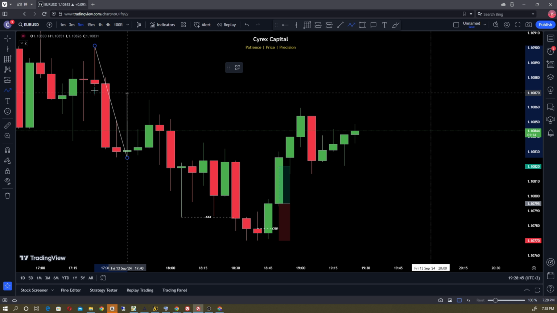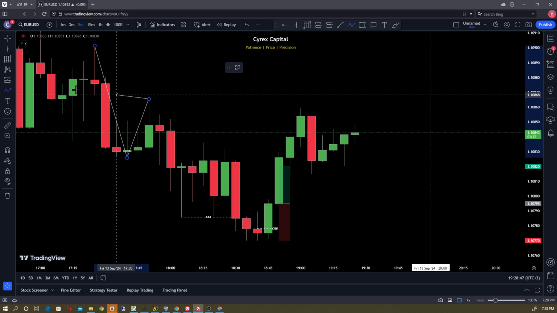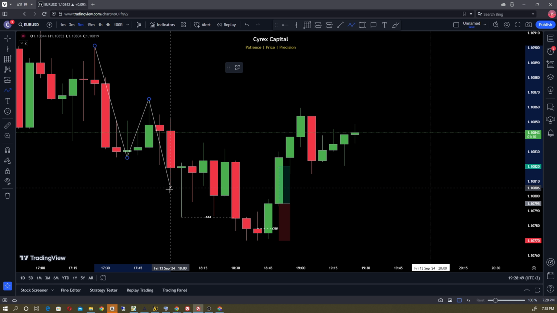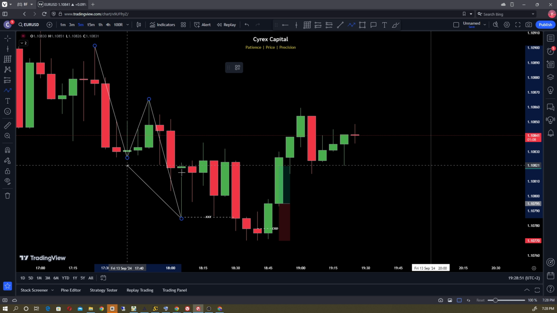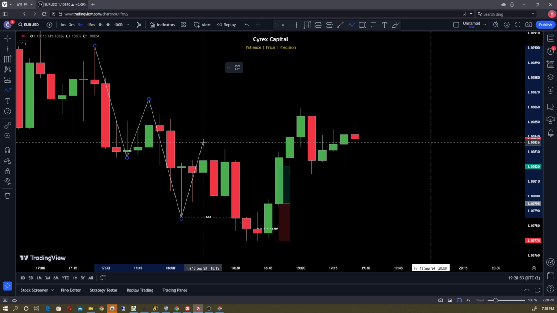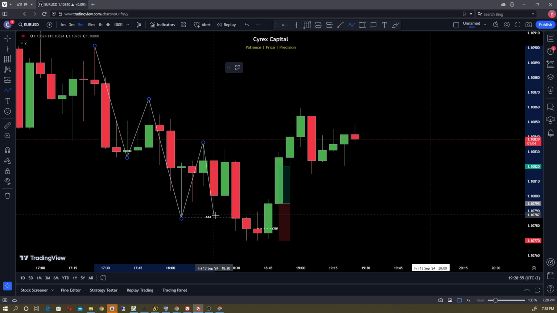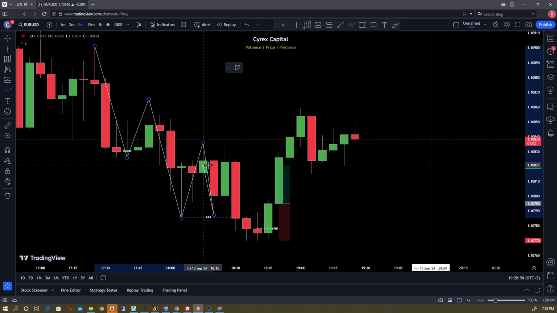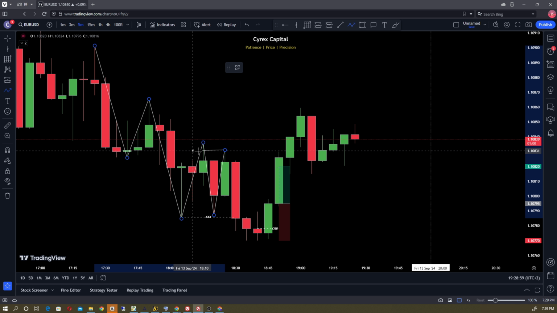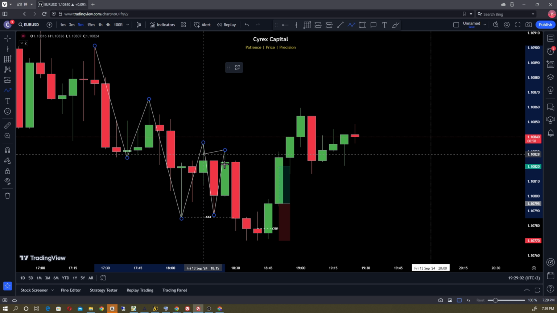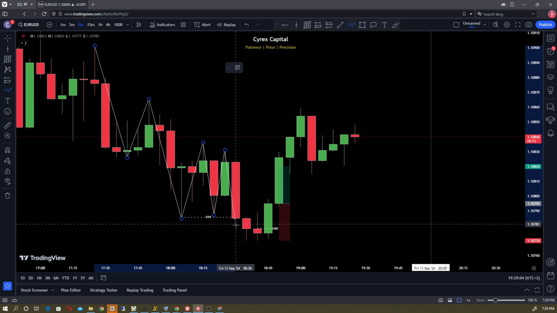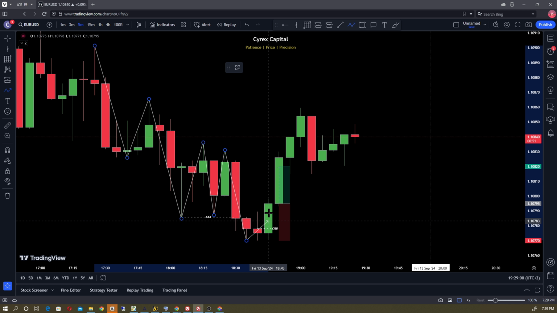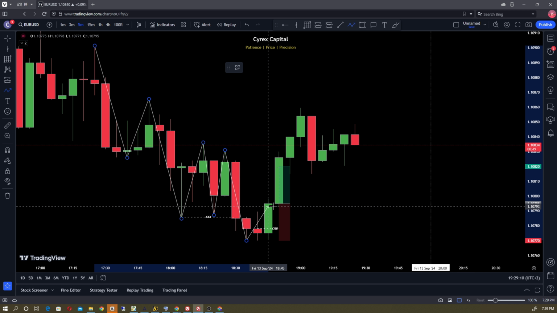Pretty basic. Price tapped into that order block, swept this liquidity over here, retraced into this order block again, failed to retrace here, came into this order block, this top wick zone, which is this area right here. Then price came to sweep those lows that it didn't sweep, and gave us a CISD on that candle closure, which is where I entered.